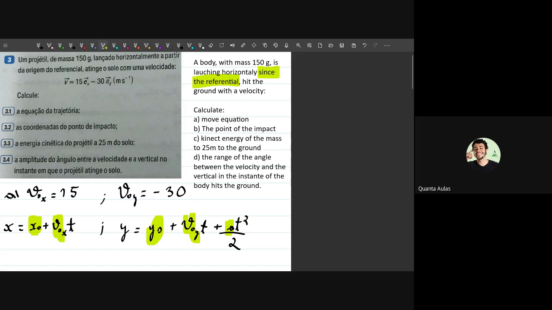We have a problem here because if you look with more attention, more concentration, you will see the sign here. The initial velocity on y is negative, right?